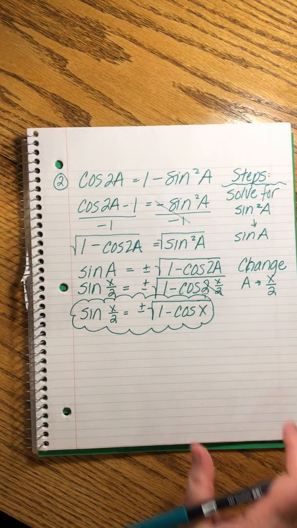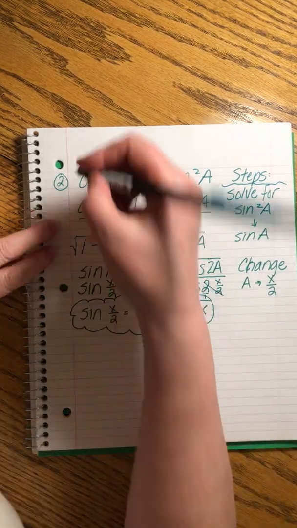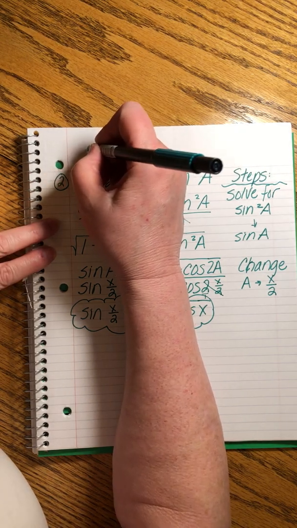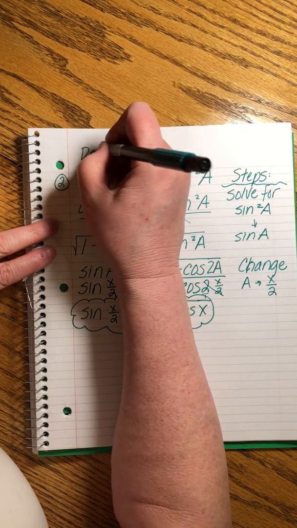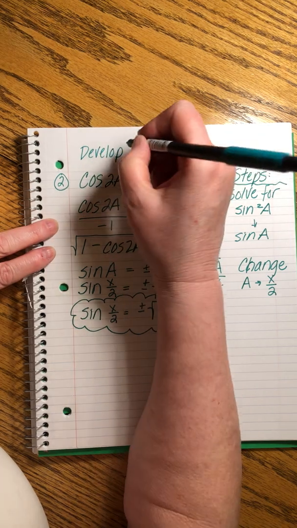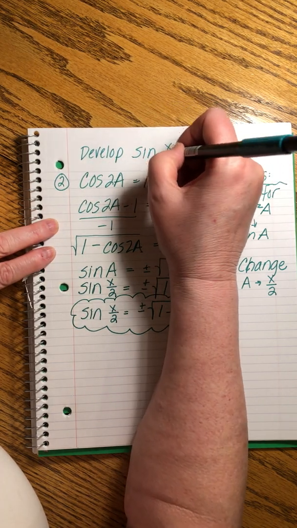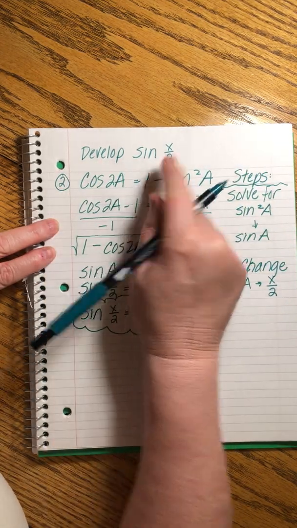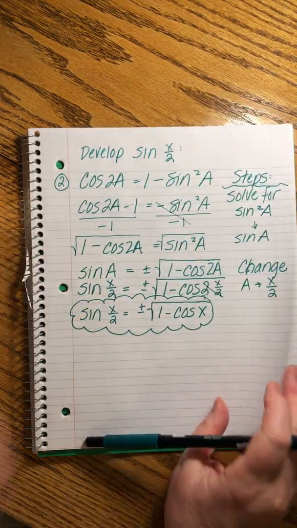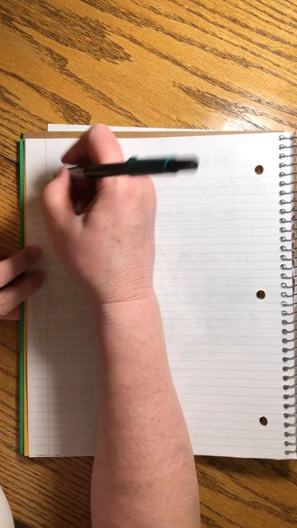Okay, so let's go develop. I'm just going to write this here because I want to make sure you're remembering. This is the sine of x over 2. That's the sine half angle identity. Now we're going to develop the cosine. We're getting there.